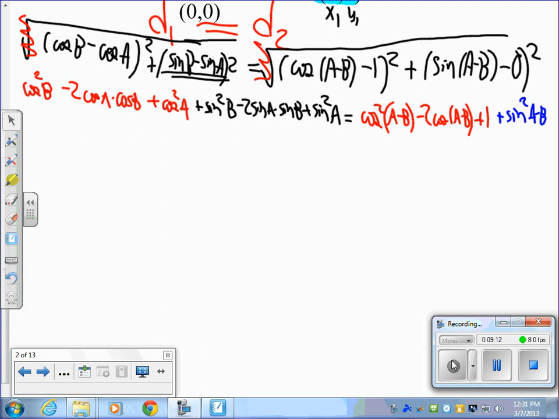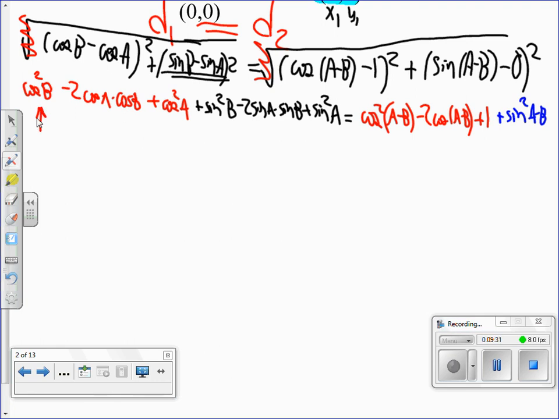So once we get it here, I want you to look at this and tell me what the next step is. There's something big that's going to happen that can make this so much simpler to deal with. I'm going to take this cosine squared b. What could I pair it with that would be really awesome? Sine squared b, that's equal to 1.